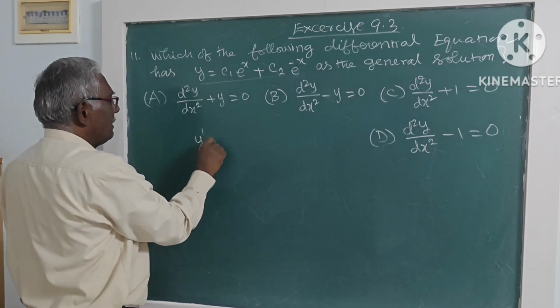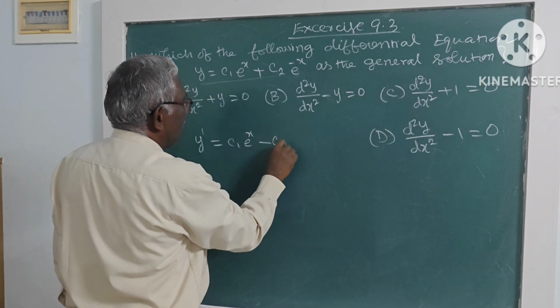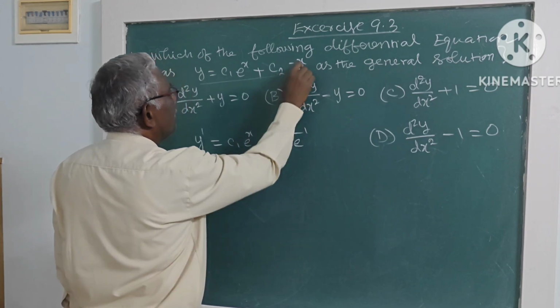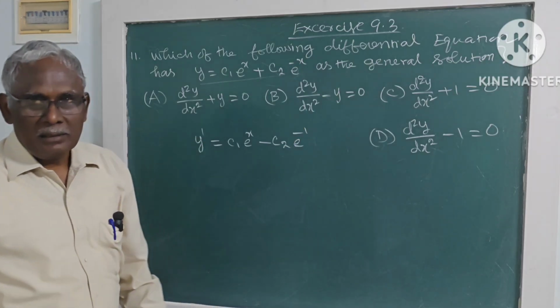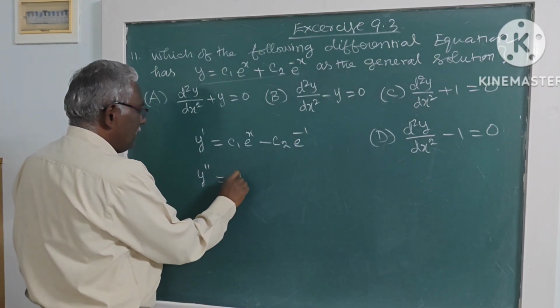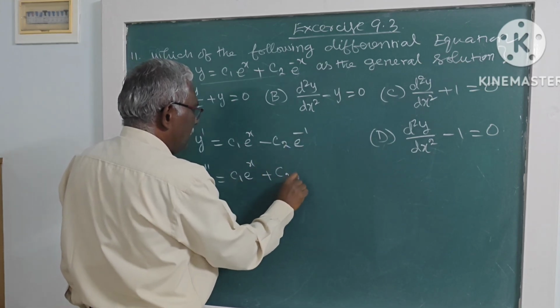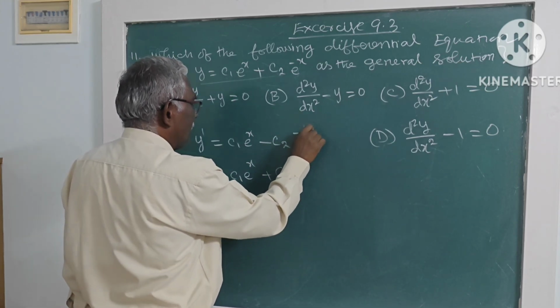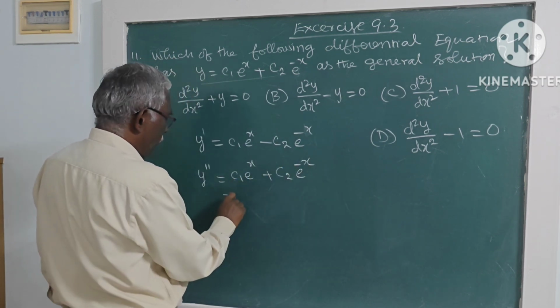So y dash is equal to c1 e power x minus c2 e power minus x. If we differentiate e power minus x, minus 1 will come. What is y double dash? c1 e power x again plus c2 e power minus x. So this is nothing but y.